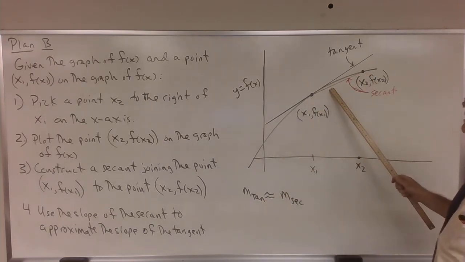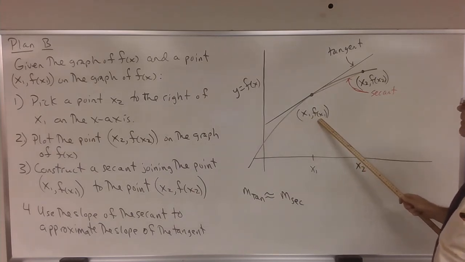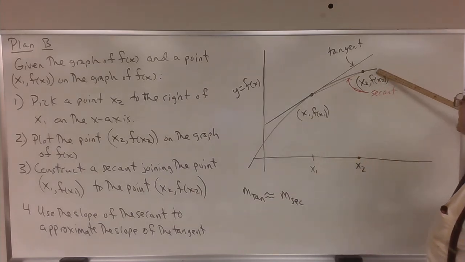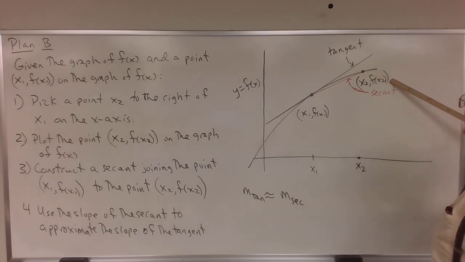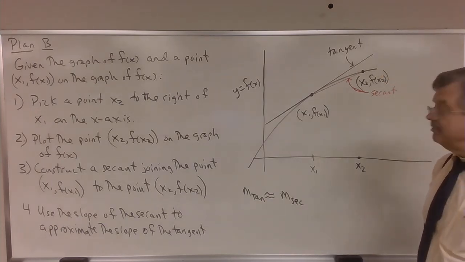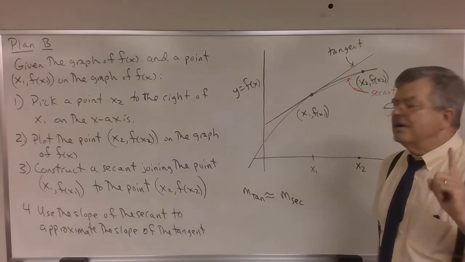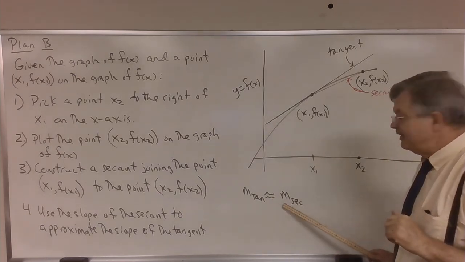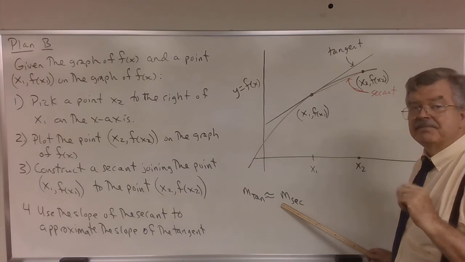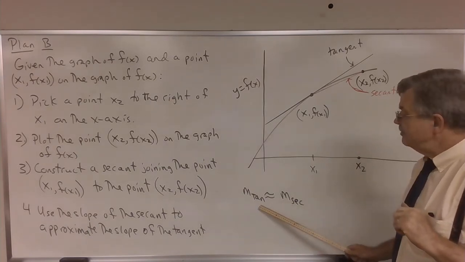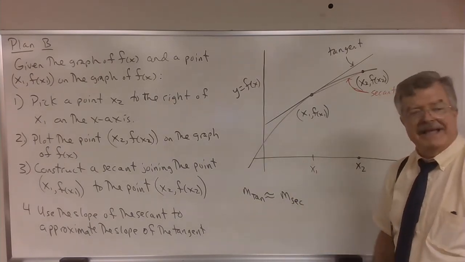This secant line contains the point x1, f of x1, and it contains the point x2, f of x2. I know two points on the secant, so I'm going to use the slope of the secant, which I can compute, as an approximation to the slope of the tangent.